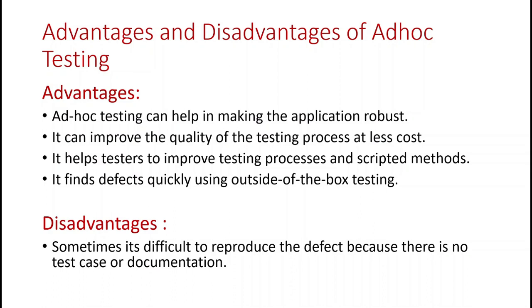We are thinking outside the box, and it also helps testers' mindsets to be wide, so they can think in a larger way. And one more thing is, we can find defects quickly because we are thinking out of the box.